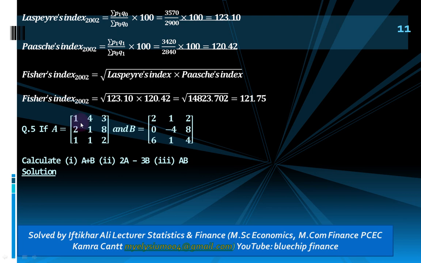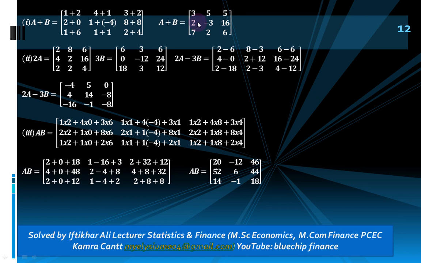The first element of matrix A is 1 and the first element of matrix B is 2. So A plus B equals 1 plus 2, 4 plus 1, 3 plus 2. Similarly 2 plus 0, 1 plus minus 4, 8 plus 8, 1 plus 6, 1 plus 1 and 2 plus 4. And in this way we can calculate A plus B.